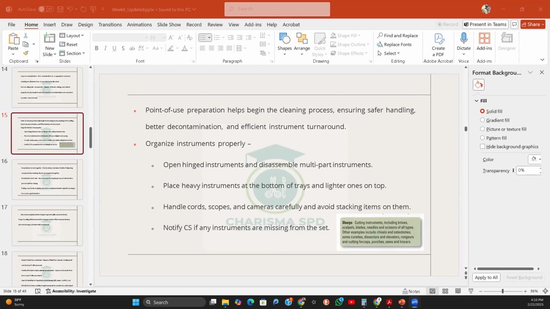Another point that we need to do when we are prepping instruments at point of use is that it makes decontamination safer and better, and makes instrument turnaround efficient. We know a hospital has enough instruments to do maybe 100 cases a day. If 100 surgeries are scheduled for a day, you will not have enough instruments for all of them.